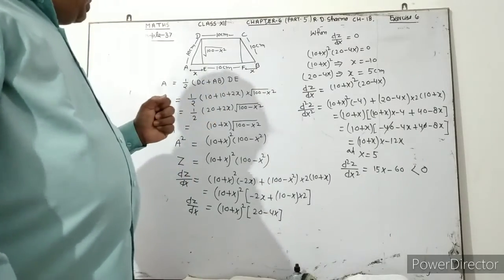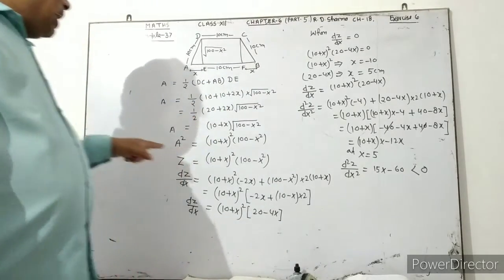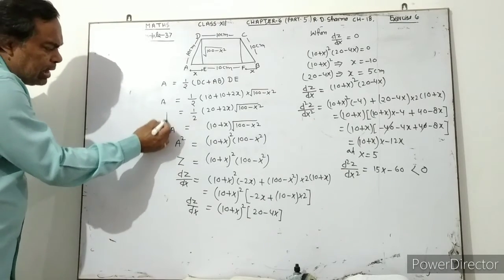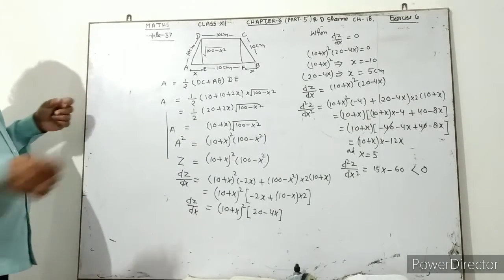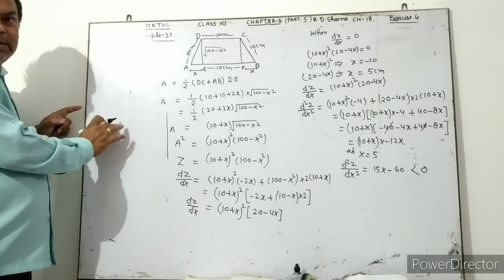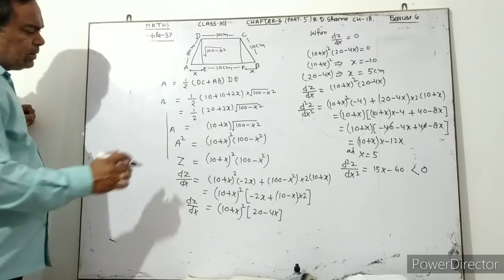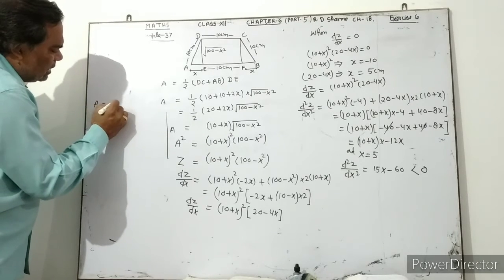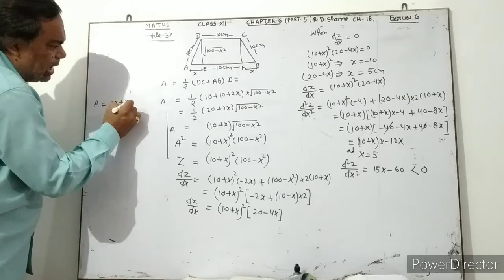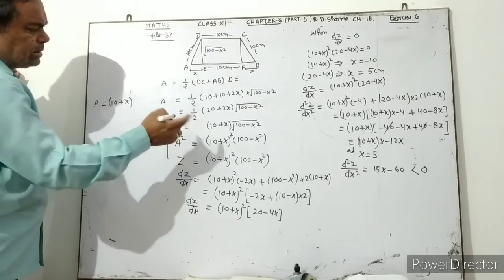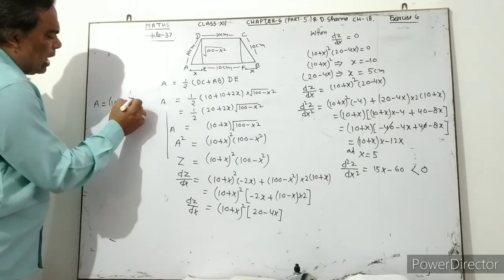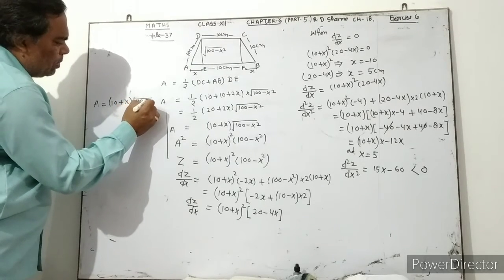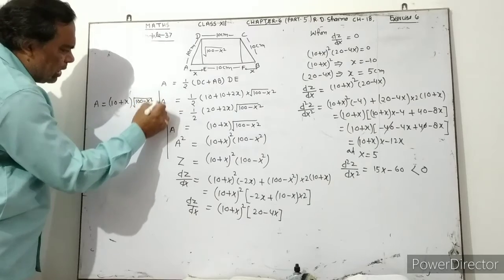What is the area? The area is the 10 plus x into 100 minus x square.